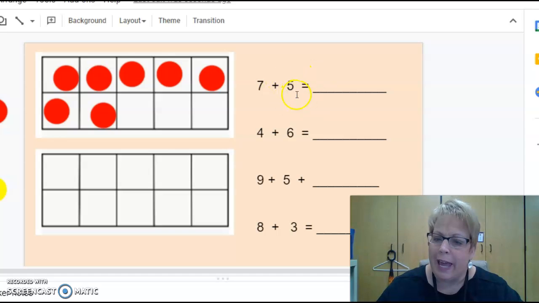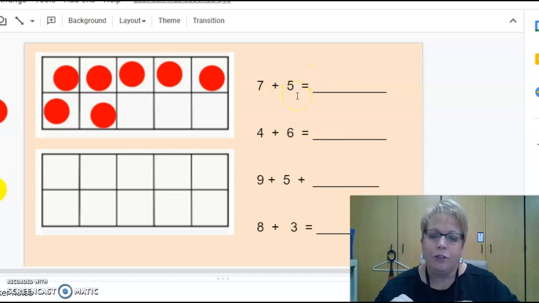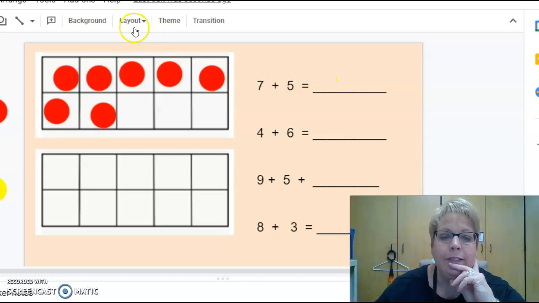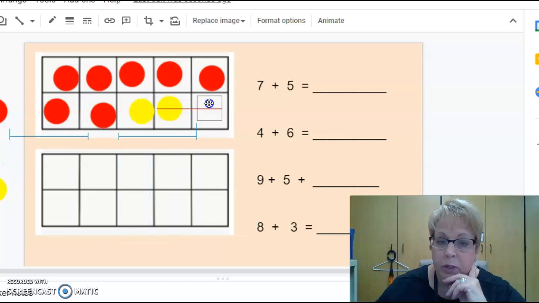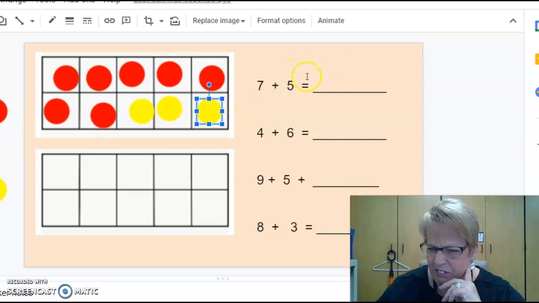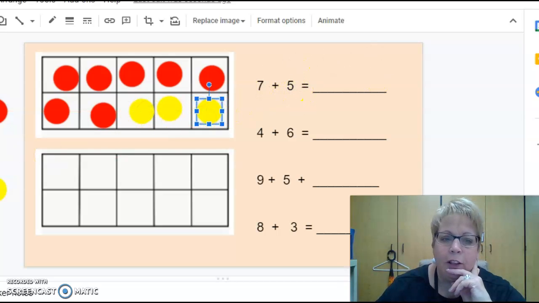Now I'm supposed to add 5. And here's where the strategy of making a 10 comes in handy. I can quickly see, ooh, okay, to make a 10, I need to fill those 3 squares. So I'm going to go 1, 2, 3 with another color, but I need 5. So I've got 3.